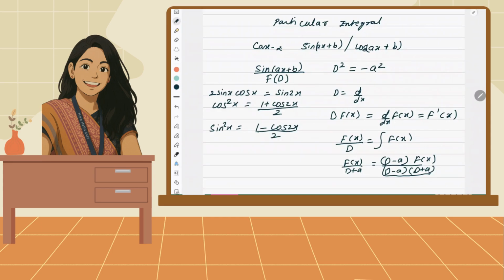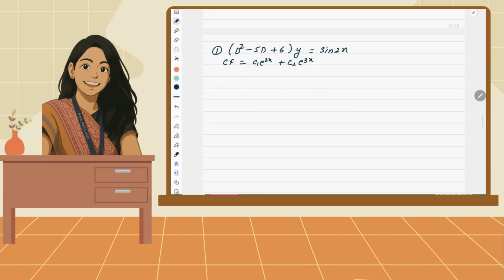Similarly, if you have 2 sin x cos 4x, you should apply the formula of sin a cos b to get separate sin and cos terms, and then find the PI. So all these functions can be reduced to our standard format. Let us now try to solve the questions.